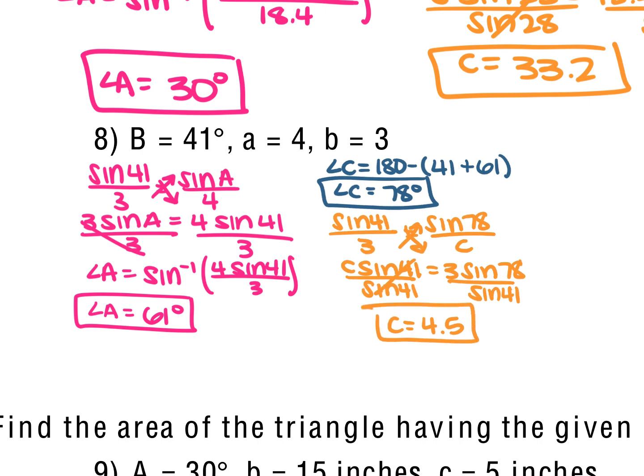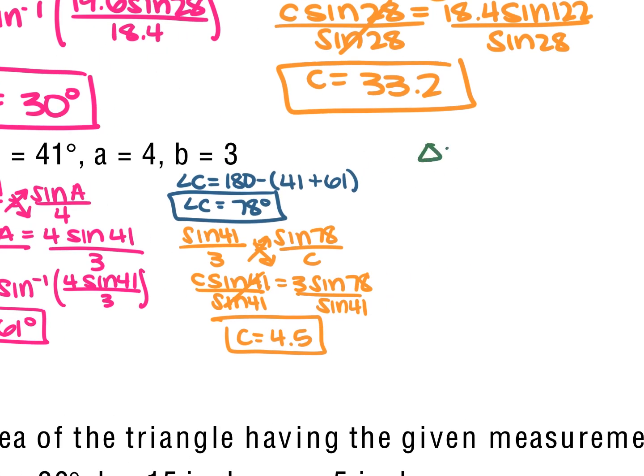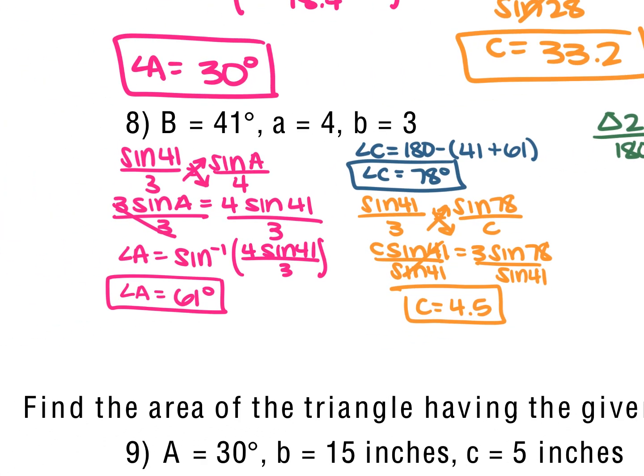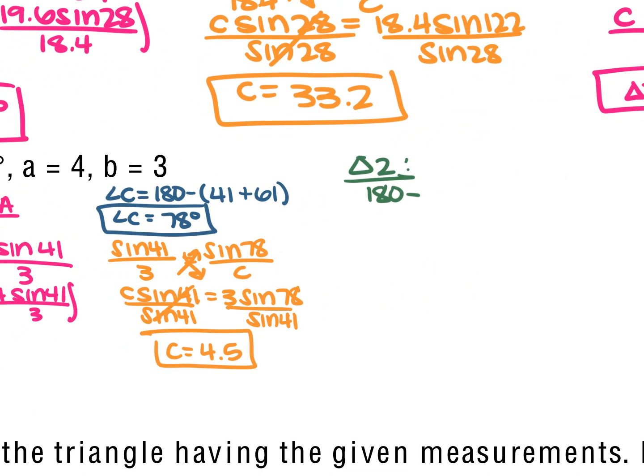To see if we have a triangle 2, we're going to do 180 minus angle A, which is 61. That gives us 119 degrees. So angle A for triangle 2 is going to be 119 degrees.